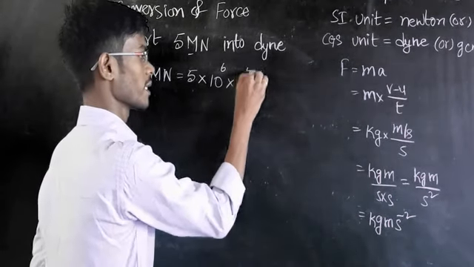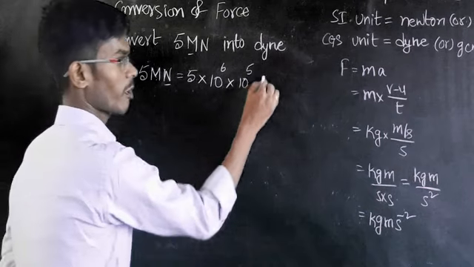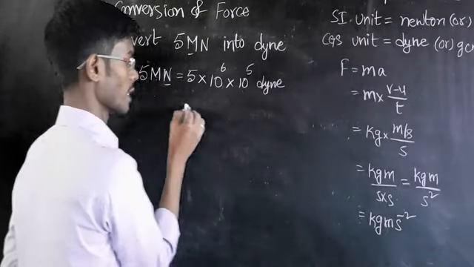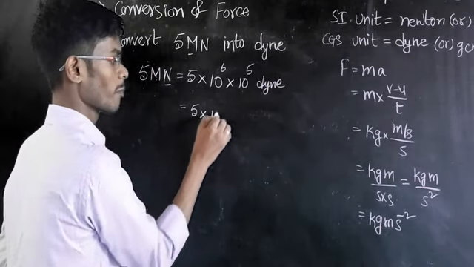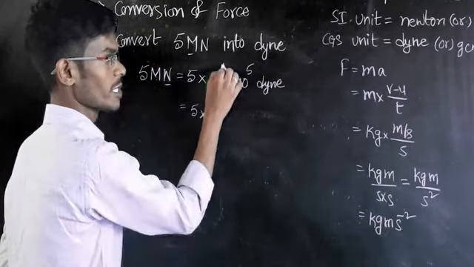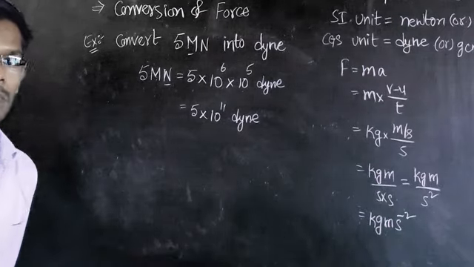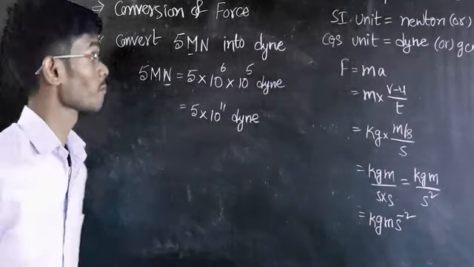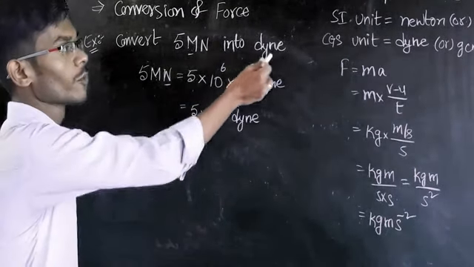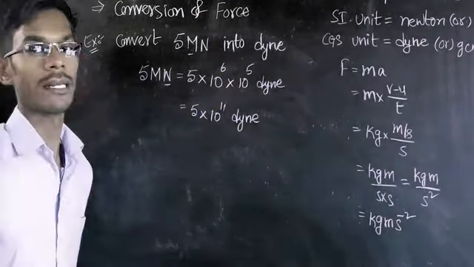So substitute here in the place of N, 10 to the power of 5 dyne. So that is equal to 5 into 10 to the power of 6 plus 5, 11 dyne. So this is the simplest way, by considering the conversion factors. 5 meganewton in dyne is equal to 5 into 10 to the power of 11.